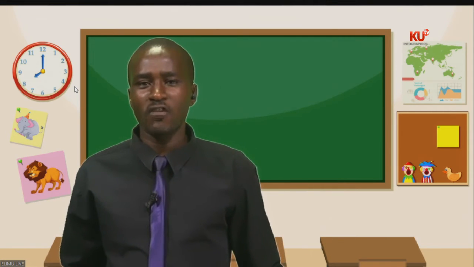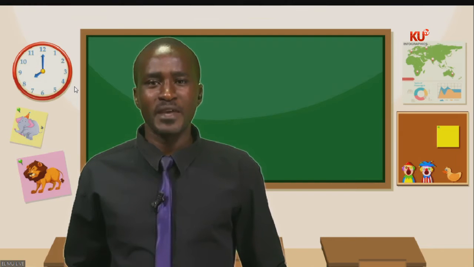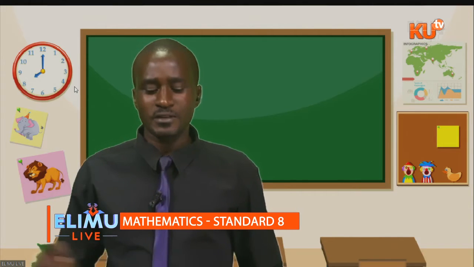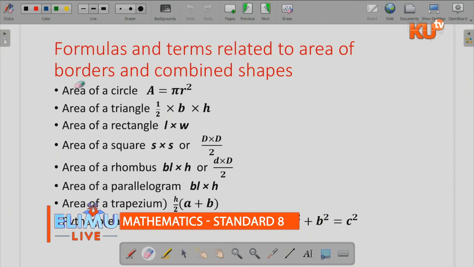The area of a rhombus is base length times perpendicular height. Rhombus also has another formula, which is smaller diagonal times bigger diagonal over 2, as you can see there on the board. Area of a parallelogram is base length times perpendicular height.